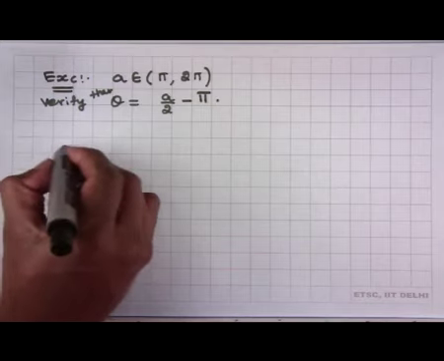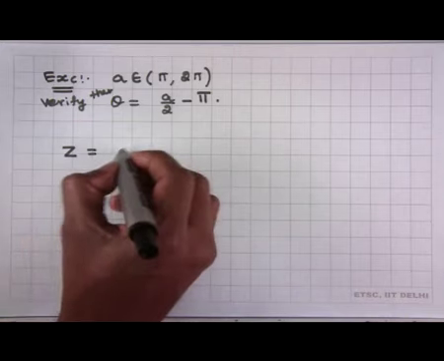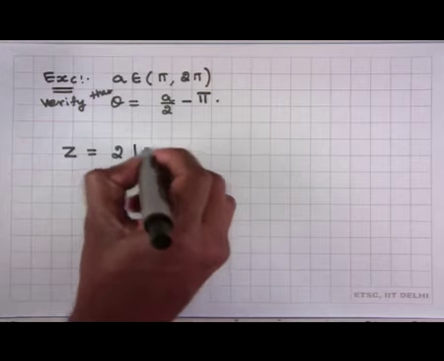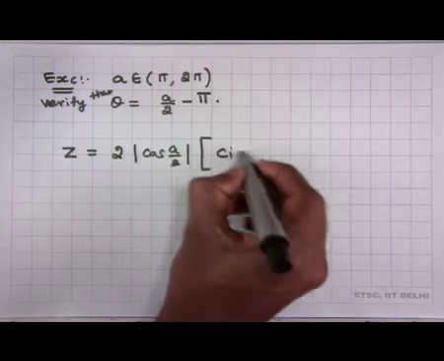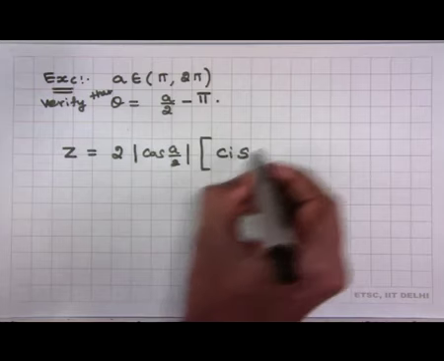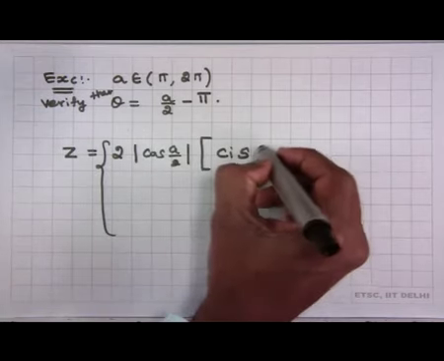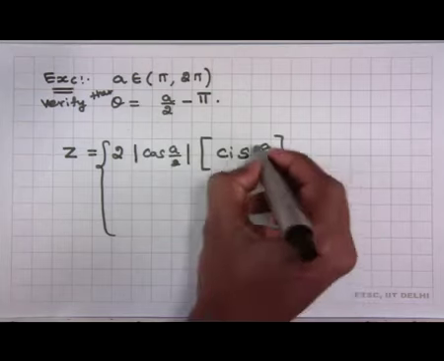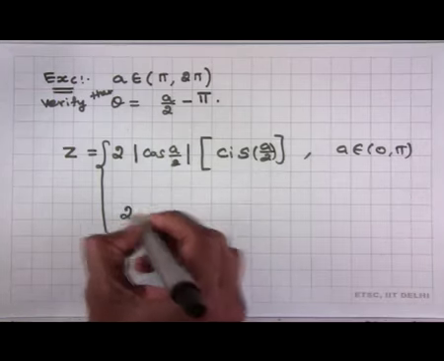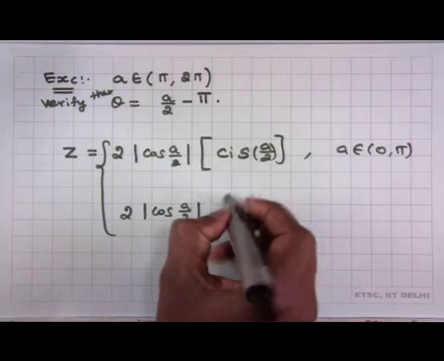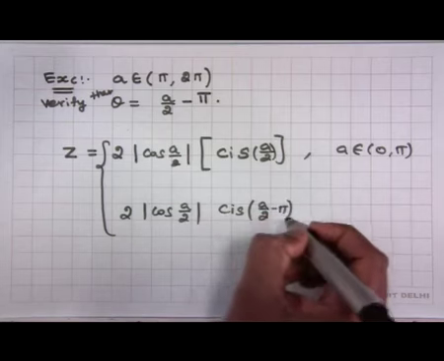Therefore, z is written as 2 times modulus of cos A by 2 with cis of the angle, which is going to vary: cis of A by 2 if A lies between 0 and pi, and for the other region, A by 2 minus pi.